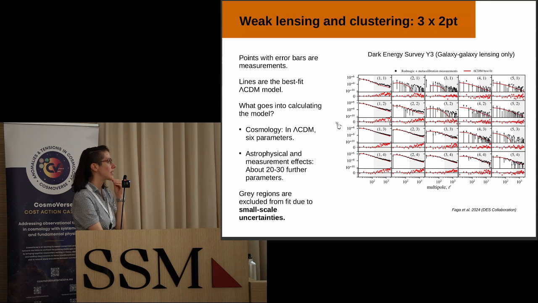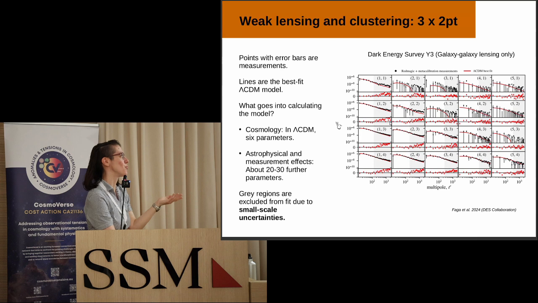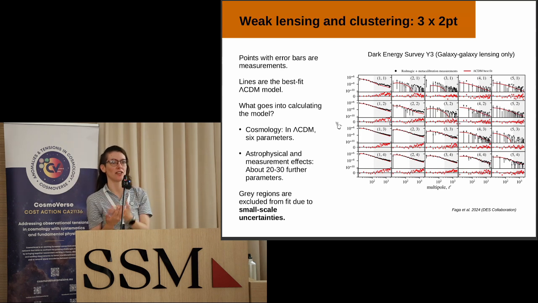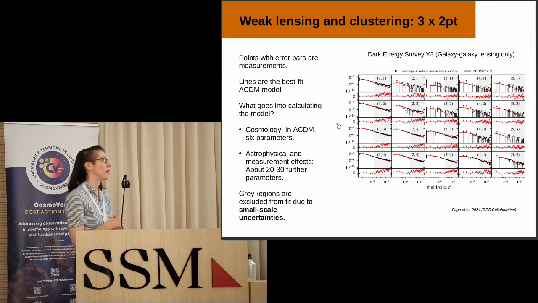Okay, and so the game here, as some of you will be intimately aware, and others probably have heard at some point, is to try to use this kind of measurement together with the cosmic shear equivalent and the clustering equivalent to constrain our cosmological model, do model comparison, all that good stuff that we all care about.